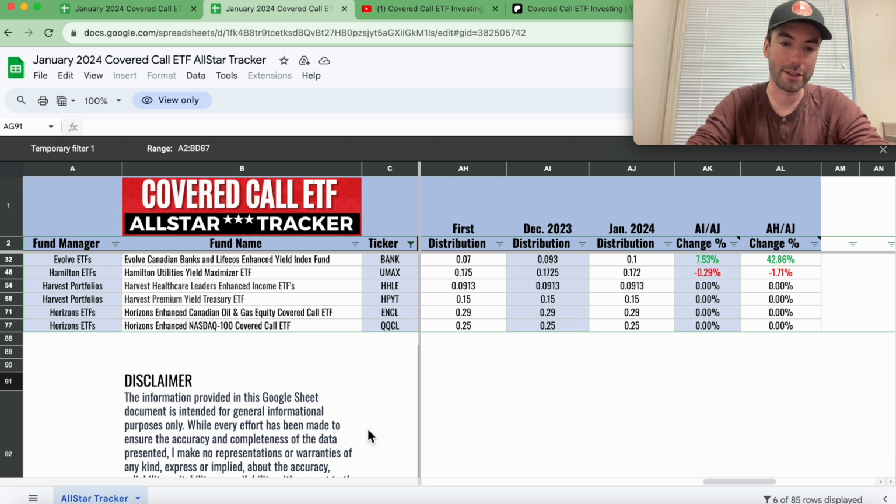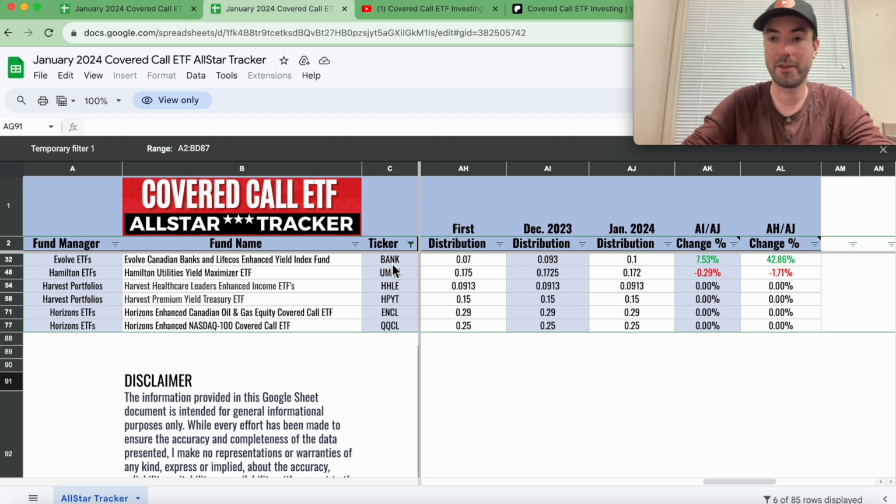The kinds of big updates I'm planning, I'm working on it currently, where I'm going to be adding in all the .U, .B funds. So these are other Canadian covered call ETFs. There's probably something like another 25 funds I'll be adding in February, which include US dollar versions of some of these funds and the Canadian hedged versions of all of these funds.